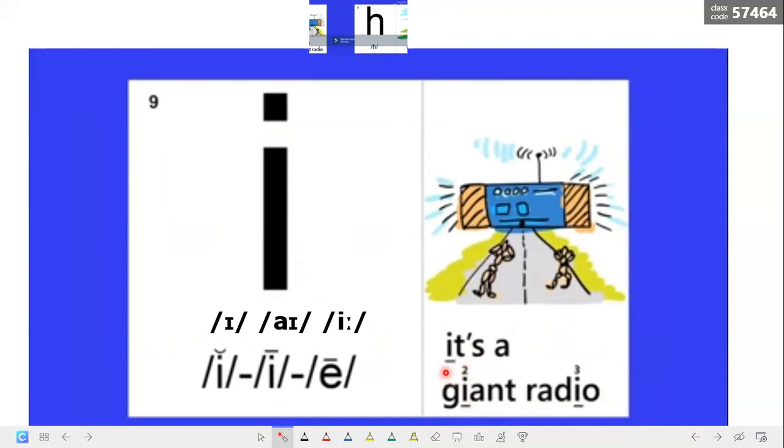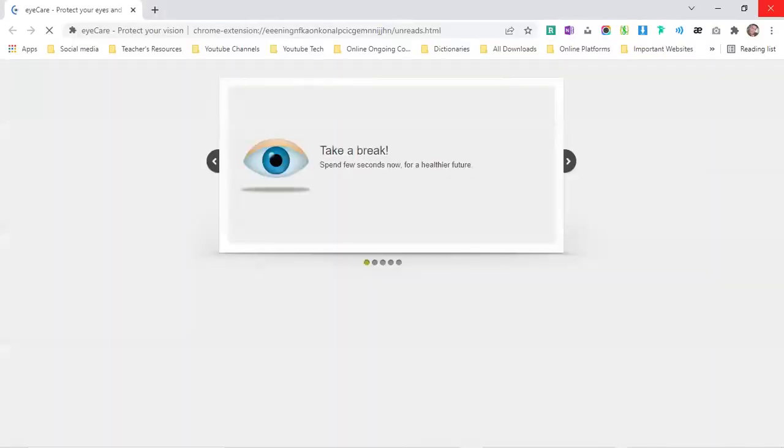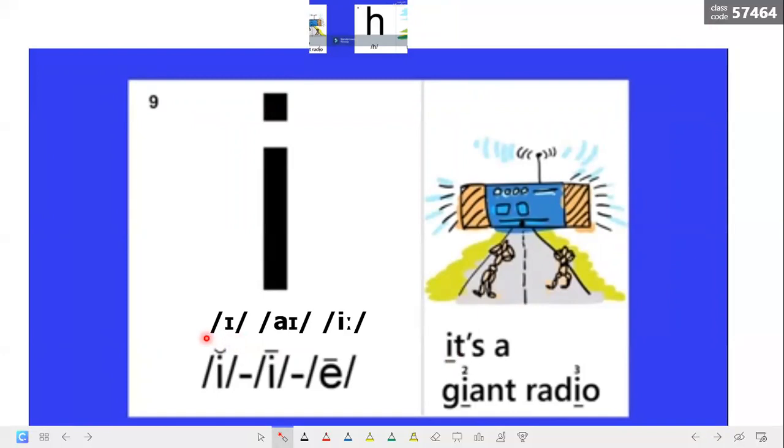You will notice here the first I in the word it's is the first sound here, which is short I. So we say, it's, okay. And the second one is the long I, which is in giant. The third is radio, the long E.